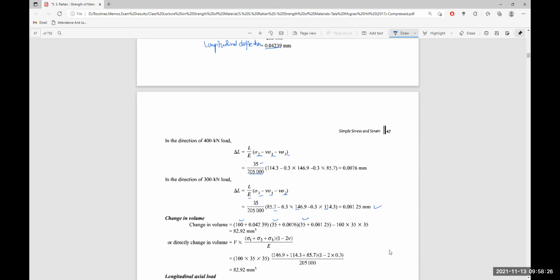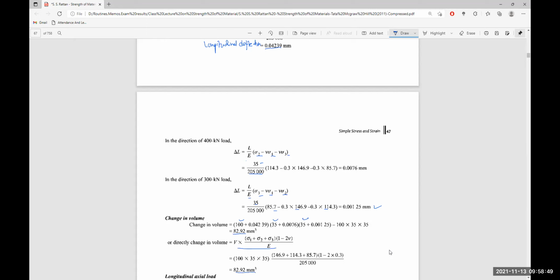And we subtract the original volume, which is 100 into 35 into 35, and we get the change in volume as 82.92 millimeter cube.